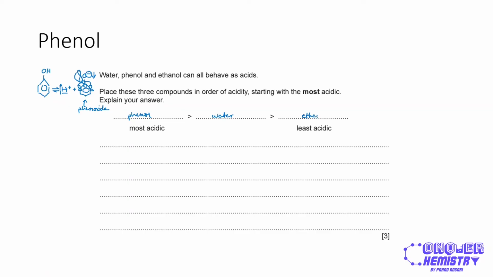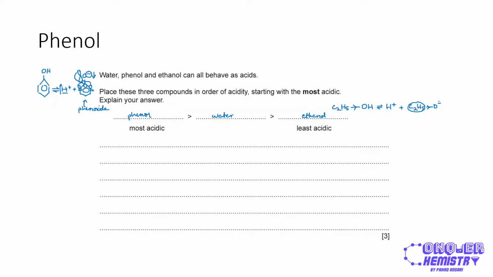The reason is that ethanol has an OH group that is bonded to an electron donating ethyl group, C2H5. This is electron donating. It has a positive inductive effect on the oxygen. So when this dissociates into a hydrogen ion and the anion, which we call the ethoxide ion, C2H5O negative, the negative charge becomes more dense or more concentrated due to the electron donating effect of this alkyl group on the negative oxygen.